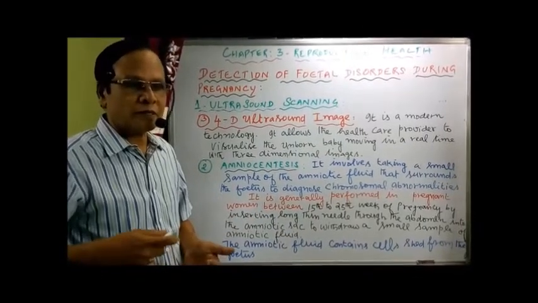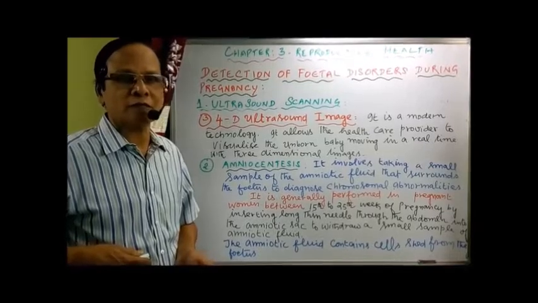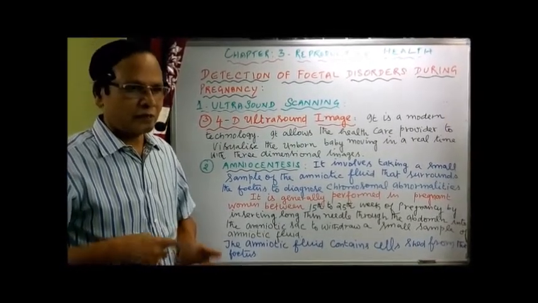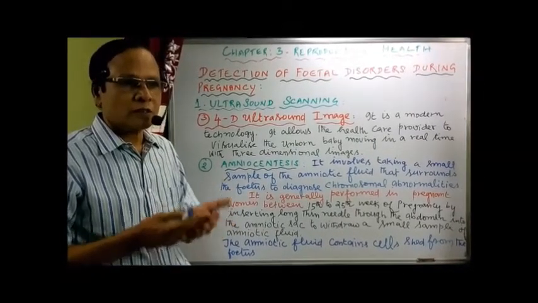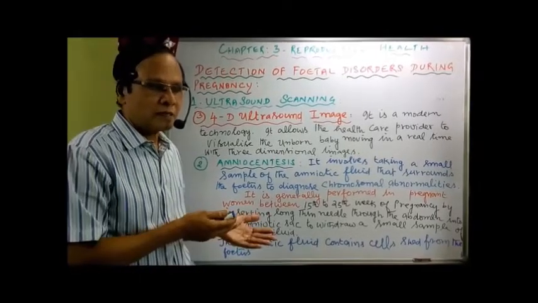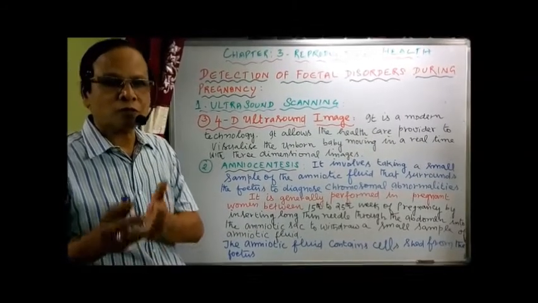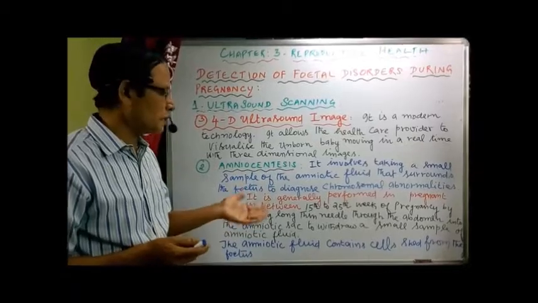What do they do? They insert a long thin needle, a hypodermic syringe, through the abdomen into the amniotic sac where the fluid is. A small sample of the fluid is withdrawn and analyzed. In that analysis we can find out not only the chromosomal abnormalities but also the sex of the baby, whether it is male or female.